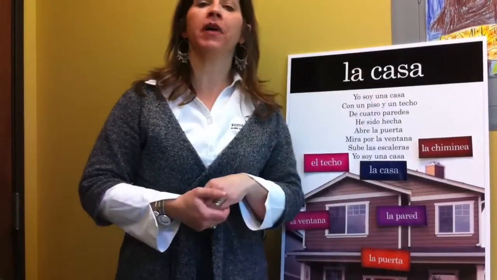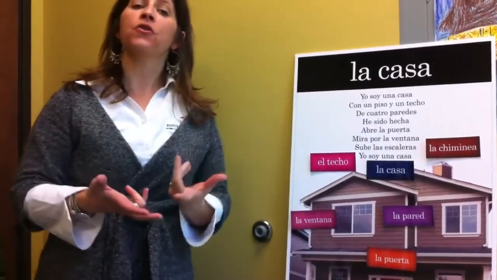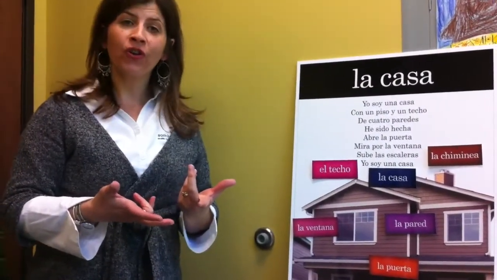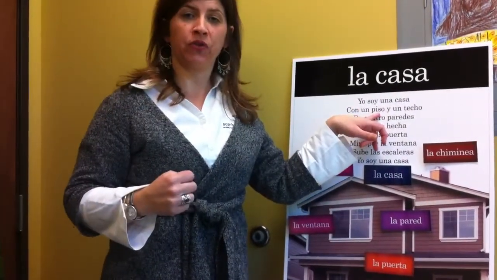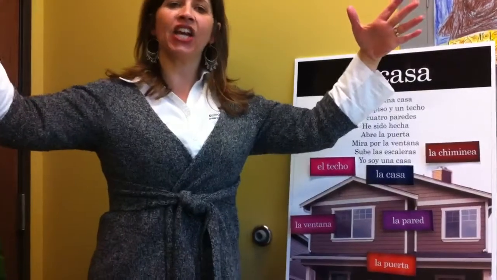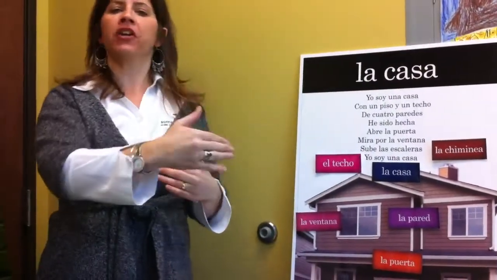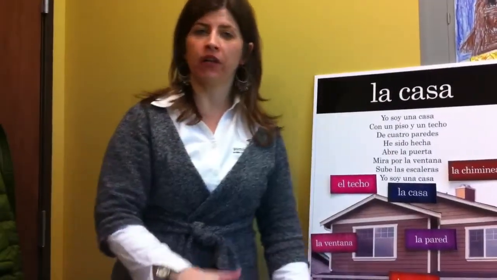Maybe we're not talking about una casa, maybe we're talking about un castillo que tiene dos pisos y un techo grande. You want to be elaborating in Spanish too, if they've seen the curriculum before.